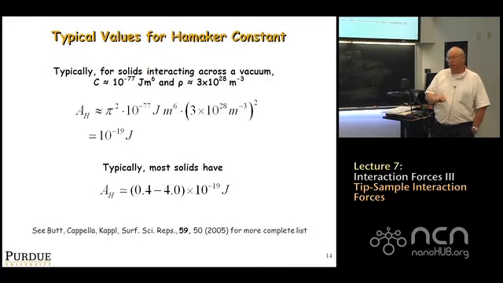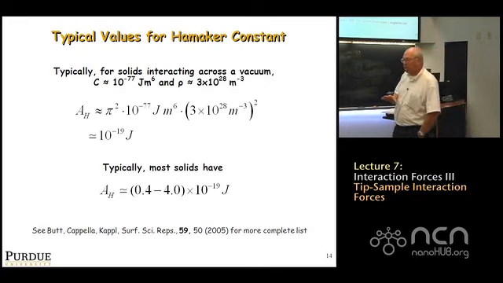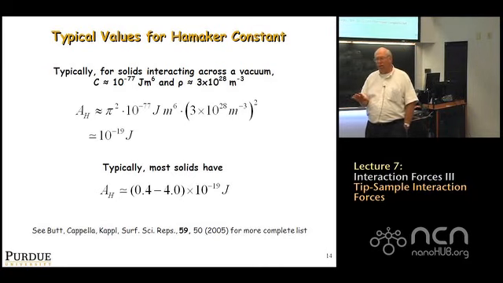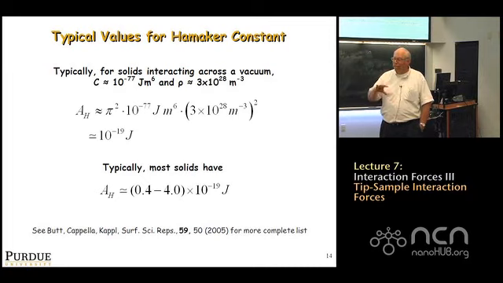This is something that you don't learn in your introductory physics or chemistry classes, this whole idea of a van der Waals force and Hamaker constants, and what governs the interaction between electrically neutral solids.